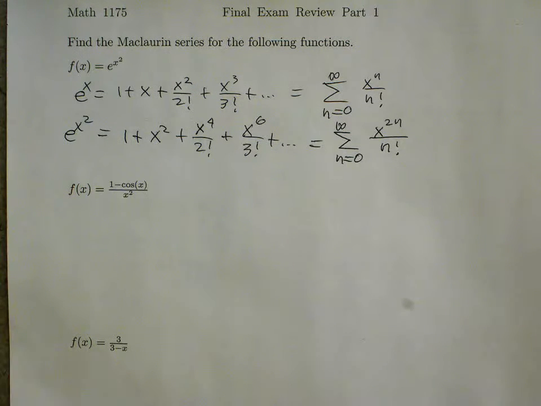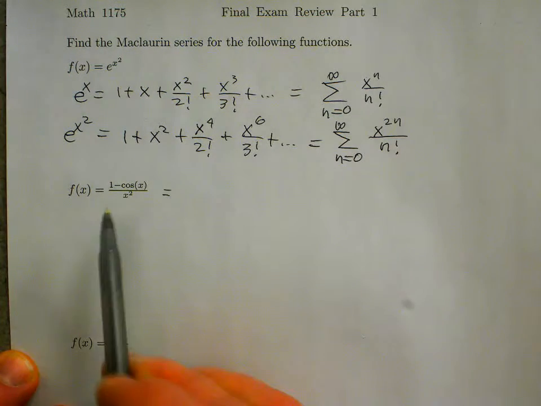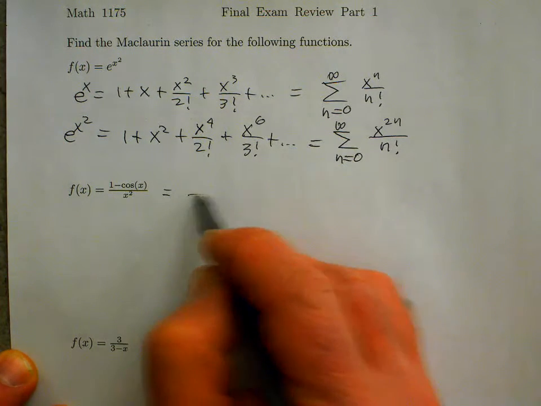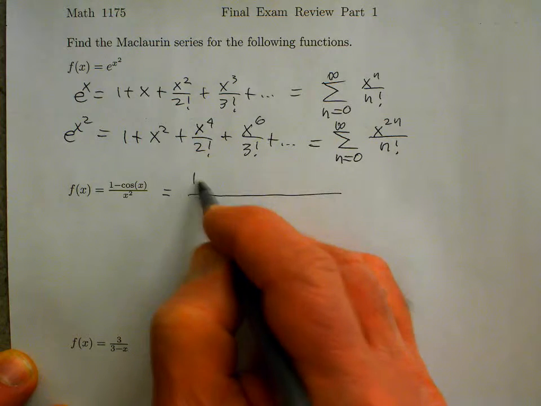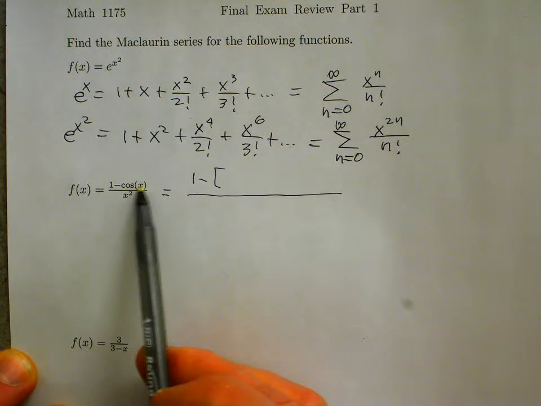All right, the next one, how should we start finding the Maclaurin series for 1 minus cosine of x over x squared? Yeah, we'll write 1 minus, and then the Maclaurin series for cosine of x.